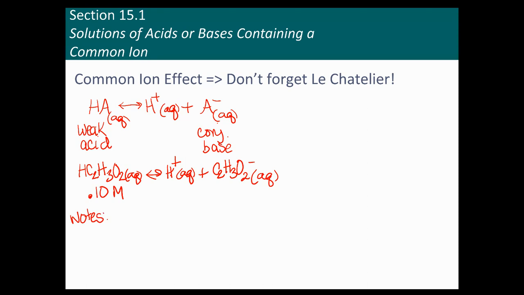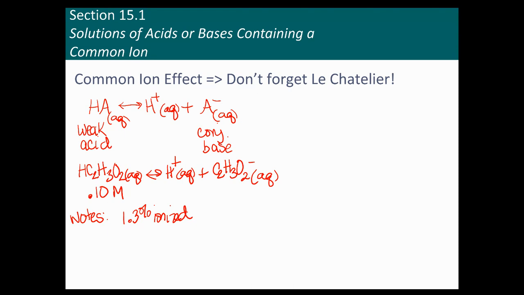What we found is that it was 1.3% ionized. So that was with setting up our ice chart, finding Ka, checking our assumptions, if we could ignore X. I won't redo that whole problem because you can go back and take a look at that in your notes. But it had a certain percent ionization, which was 1.3% ionized.